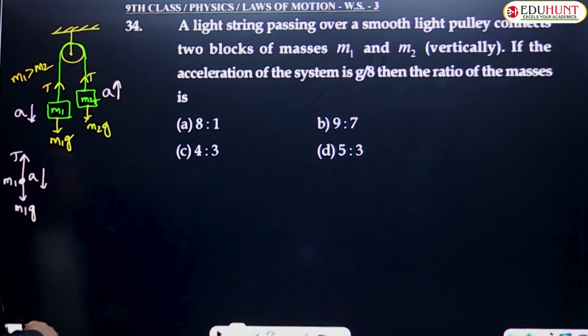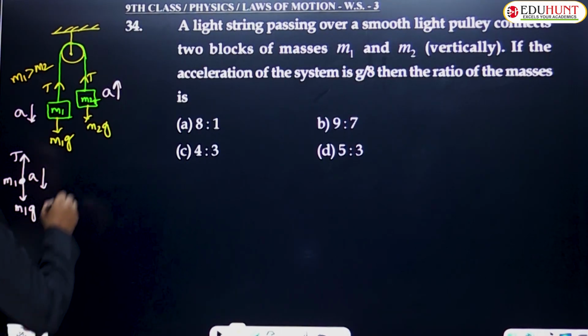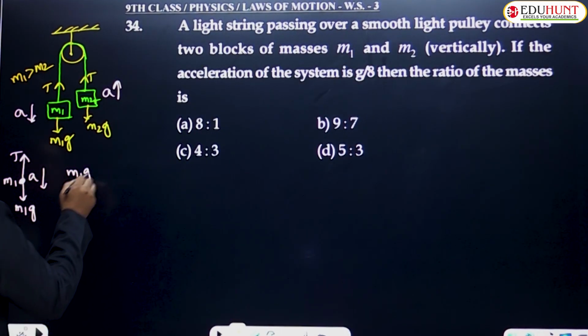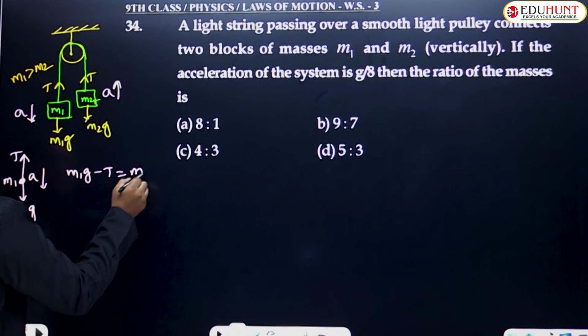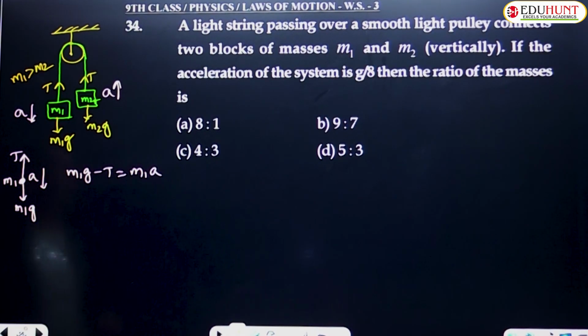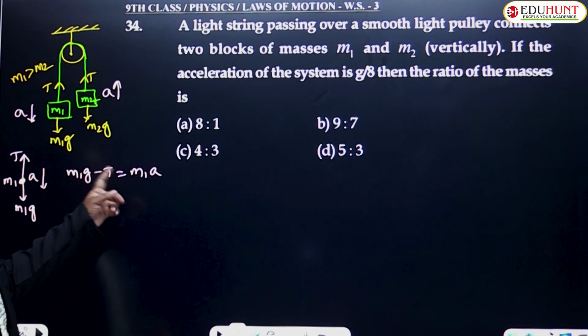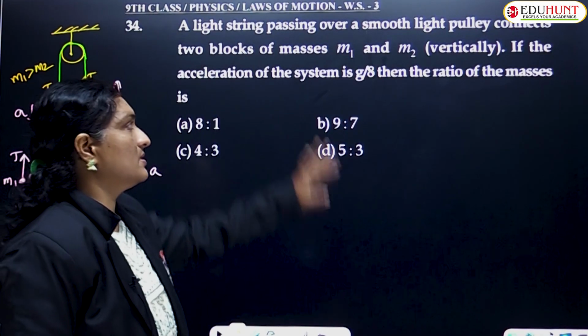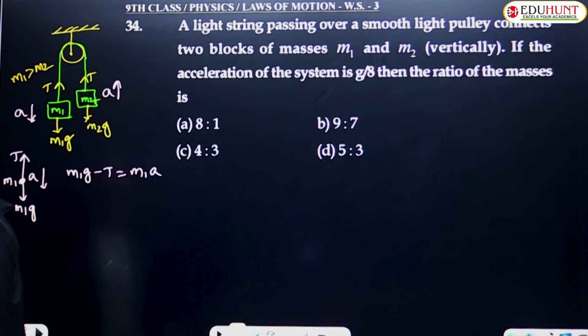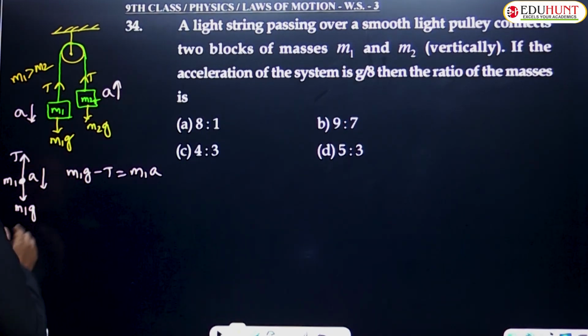Hence the equation can be written as m1g minus T equals m1a. What is that, children? m1g minus T equals m1a. Their values were not given, but only the acceleration of the system is given as g by 8. We'll substitute the value of acceleration later.